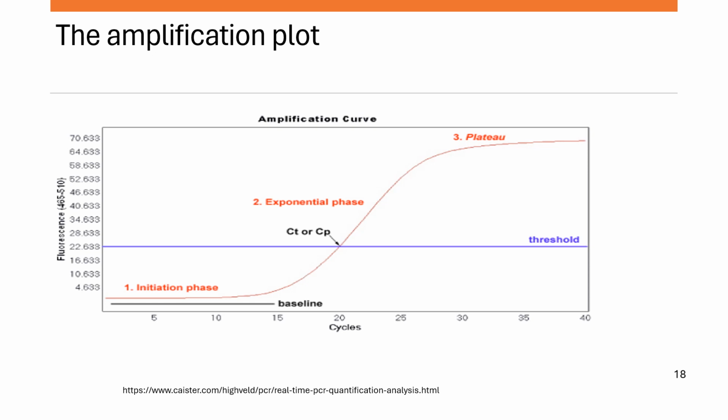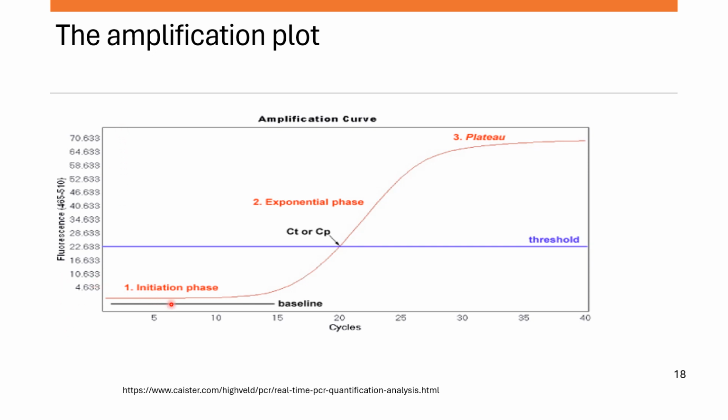Now, let us quickly go through some basics of real-time PCR data analysis. In this plot, the number of PCR cycles is shown on the x-axis and the fluorescence from the amplification, which is proportional to the amount of amplified product in the tube, is shown on the y-axis.